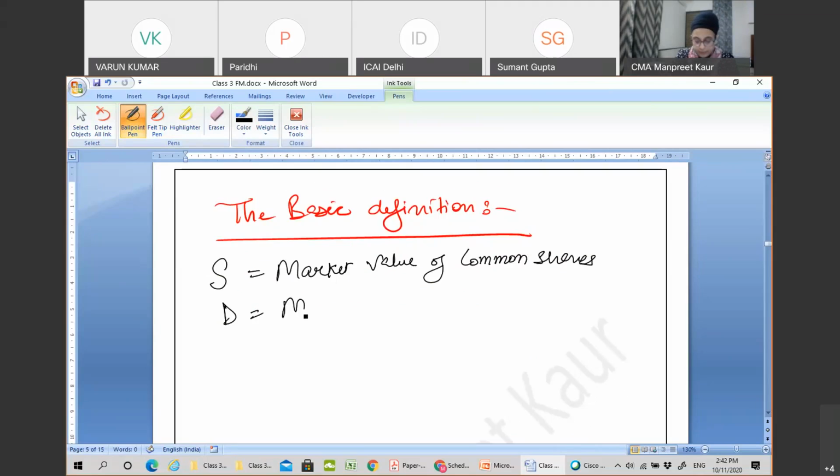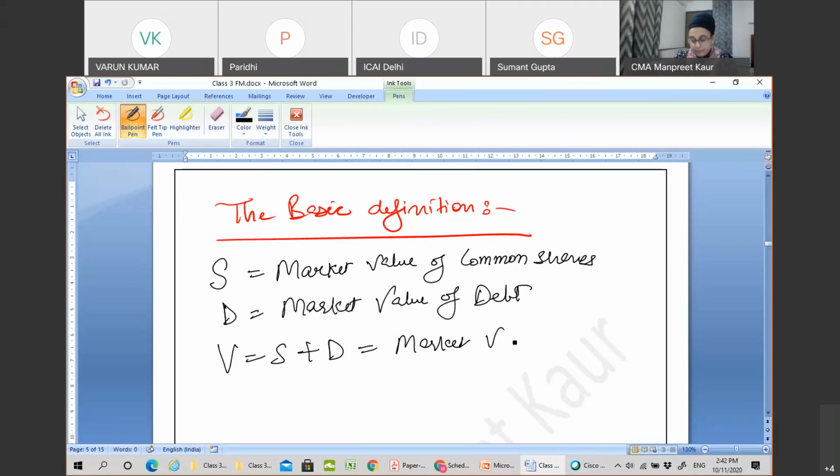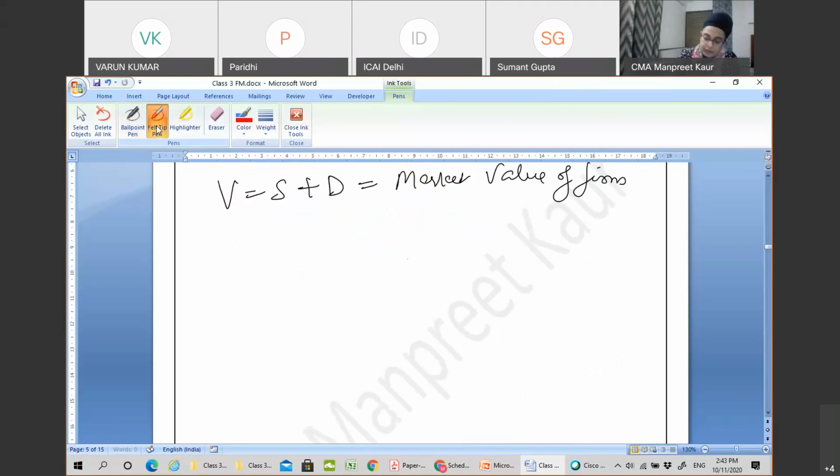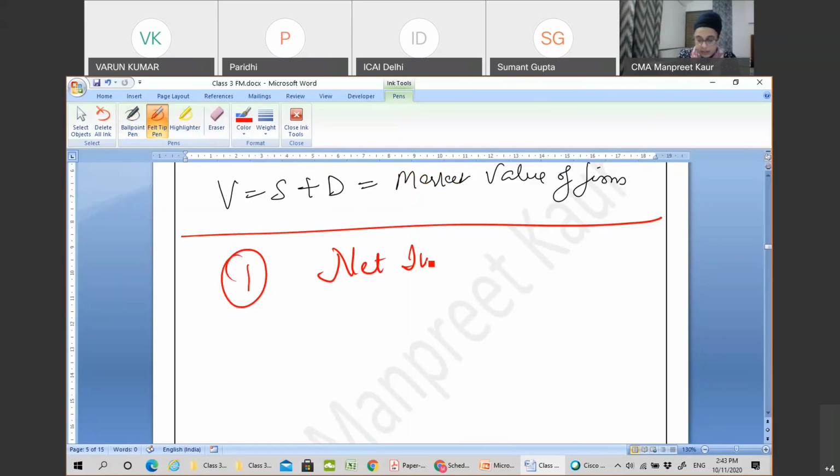D is equal to market value of debt, and V is equal to S plus D, market value of shares plus debt. V is the market value of firm. We can denote the market value of firm as V. So let's begin with first approach or first theory, that is net income approach.